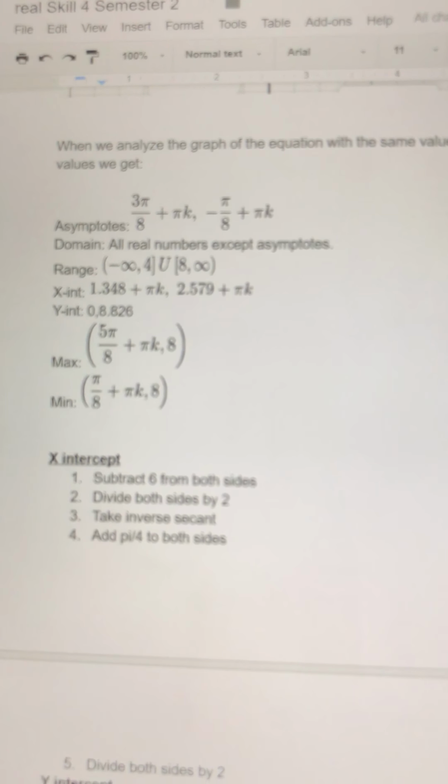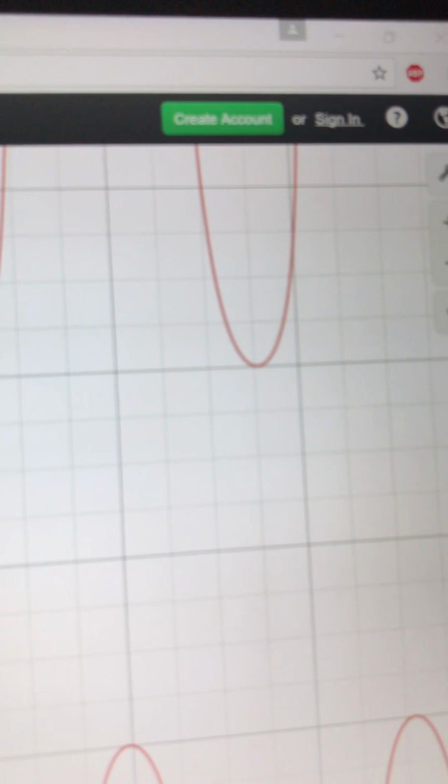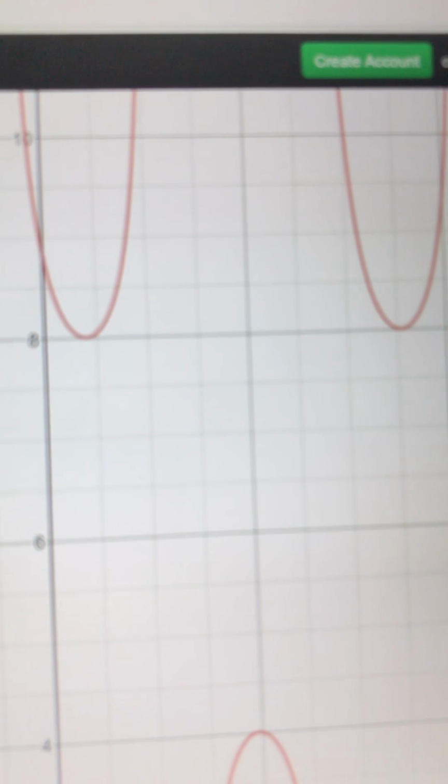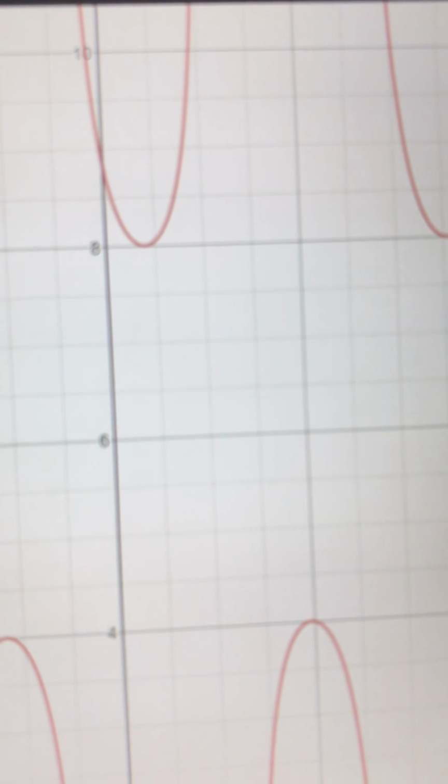It keeps shifting. For the maxes and mins, we get 5 pi over 8 plus pi k, comma 8, and that's for the max. And obviously there's a plus pi k because of the repeated maxes. The y-intercept is at 8, like there's a line there.